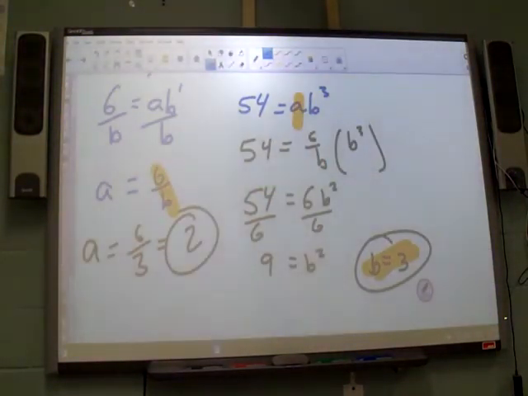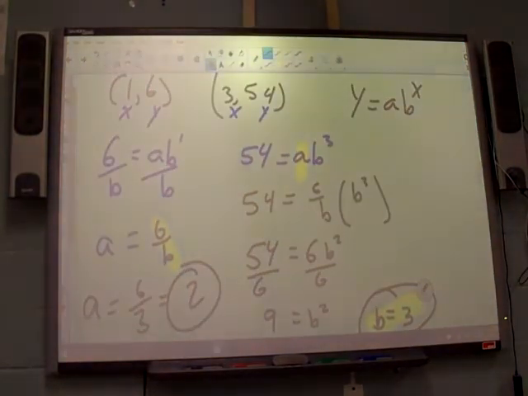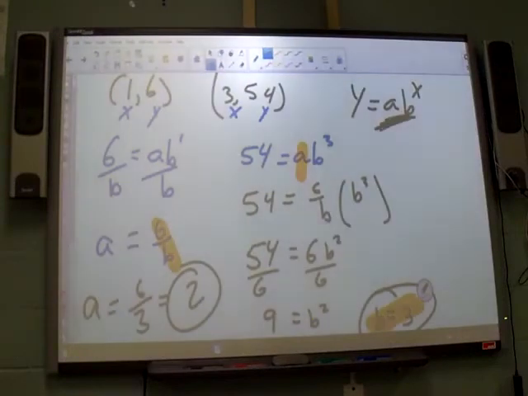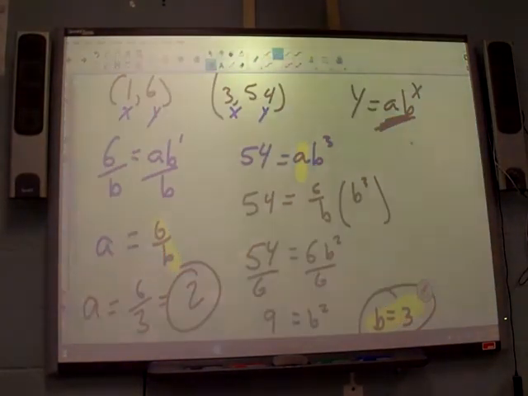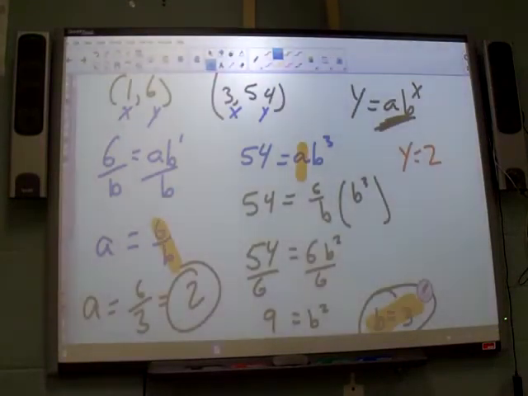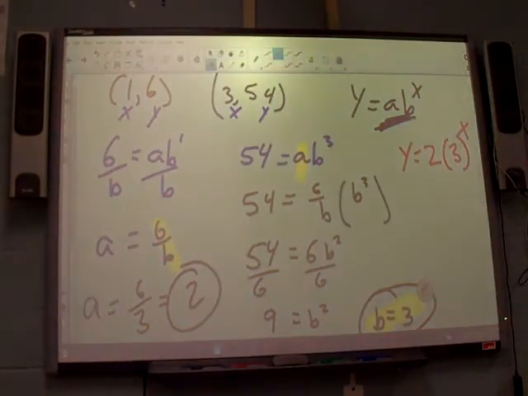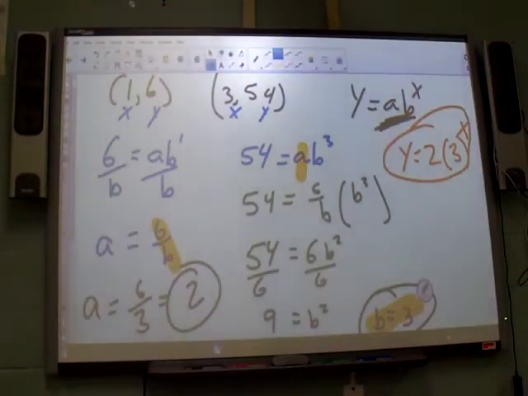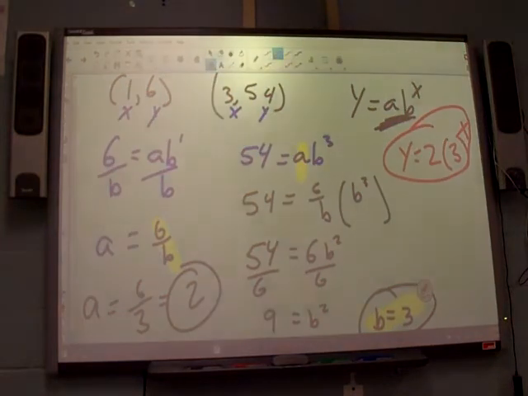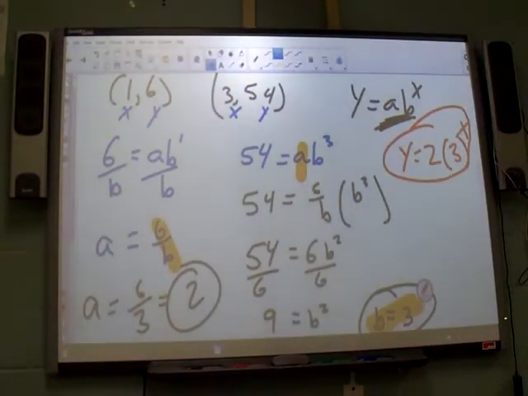We've got an A, we've got a B. We're going to go back to the very original right here and plug them in, and you've got your equation. Let me get a new color up here at the top. Y equals A times B to the X. It's not bad.